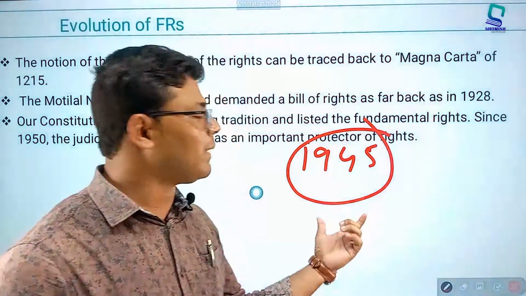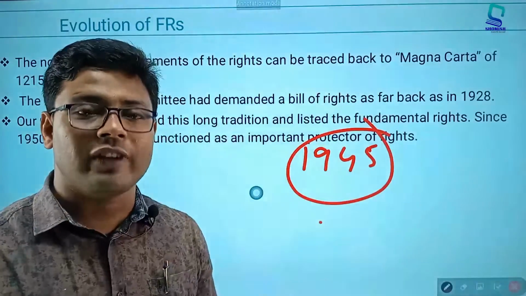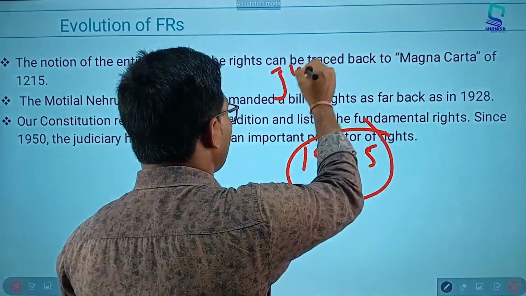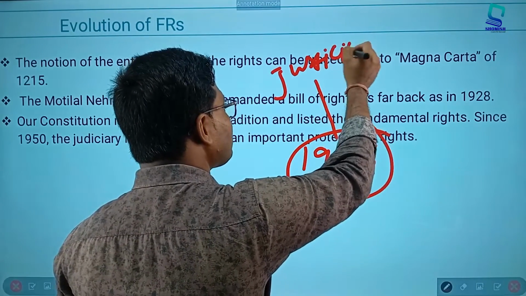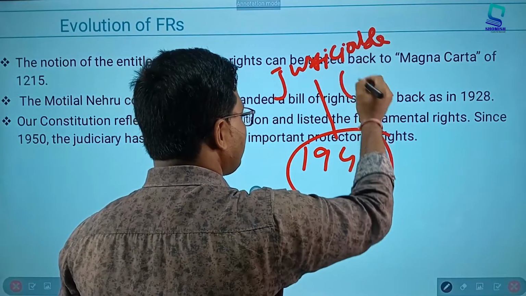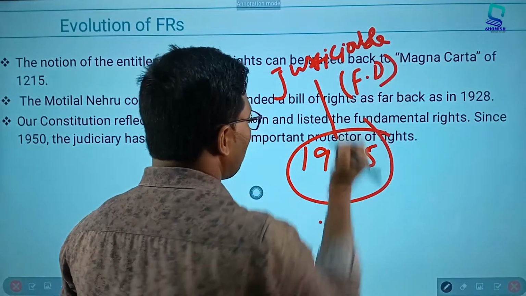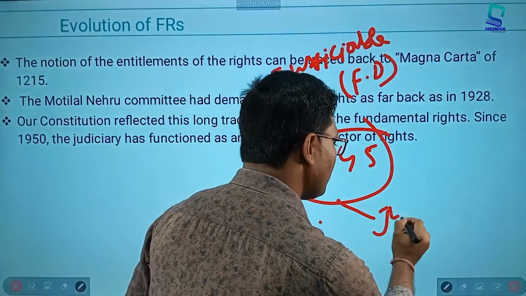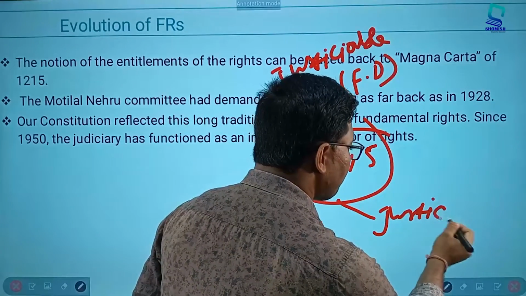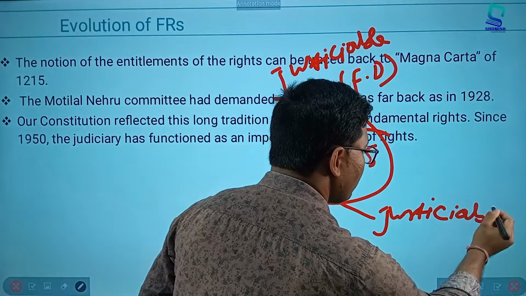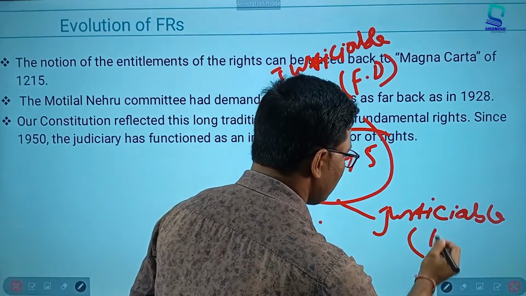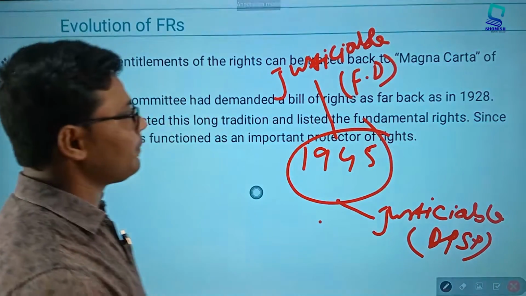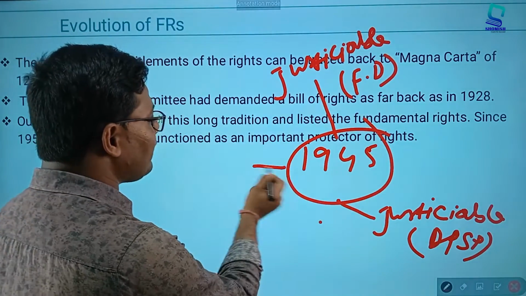The justiciable part is called fundamental rights, and which is non-justiciable, that is called directive principles of state policy, DPSP in short form.